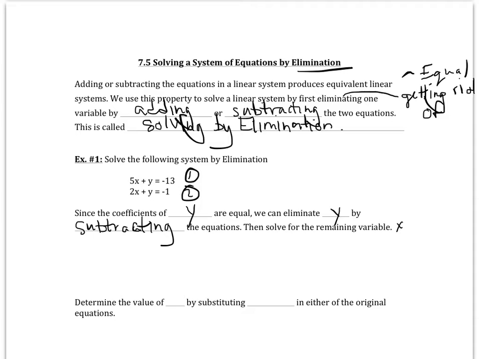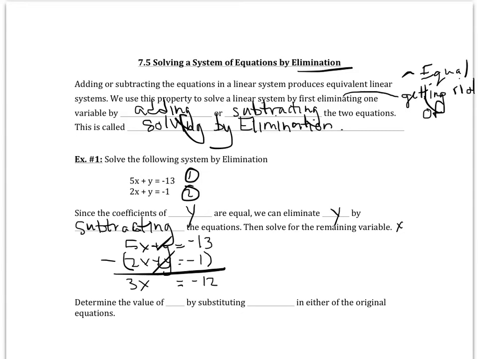So I take 5x plus y equals negative 13, and I take 2x plus y equals negative 1, and I subtract the two equations from each other. This gives me 3x, my y's cancel, equals negative 12.